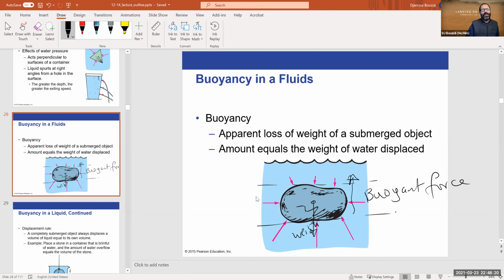So it seems like the fish learned it from the submarines, how to go in and out of the water. Yes? Does that make sense? Or is it the other way around? The submarines learned it from the fish, maybe.